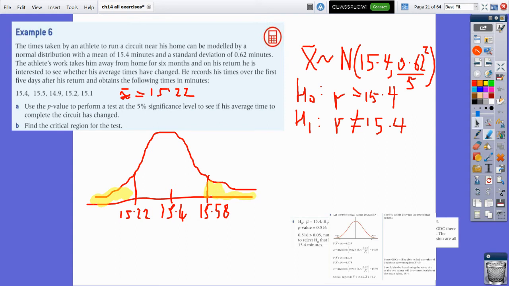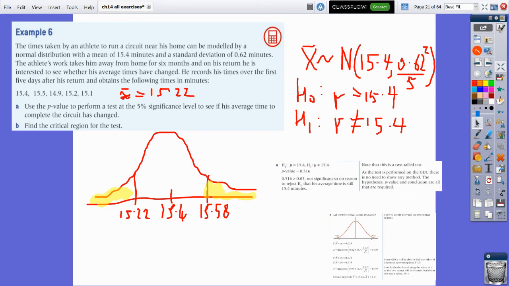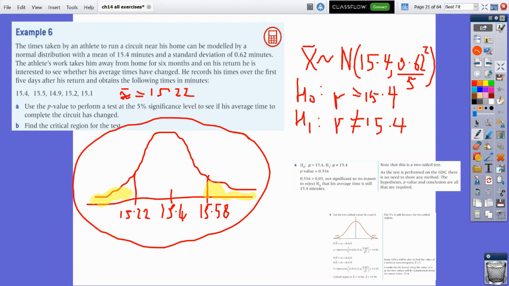Now, I've got a suspicion that they're going to suggest that you can do this straight away on your GDC, by doing a Z test in this case. So we can do this via a Z test, and we'll show that version in a moment as well. But this method, which I'm going through here, is completely valid. So what do we want?